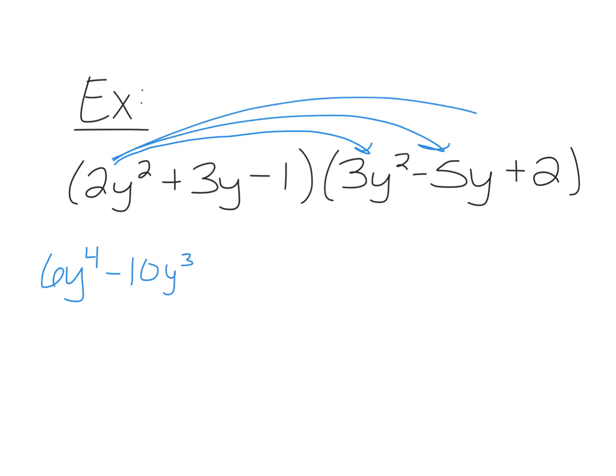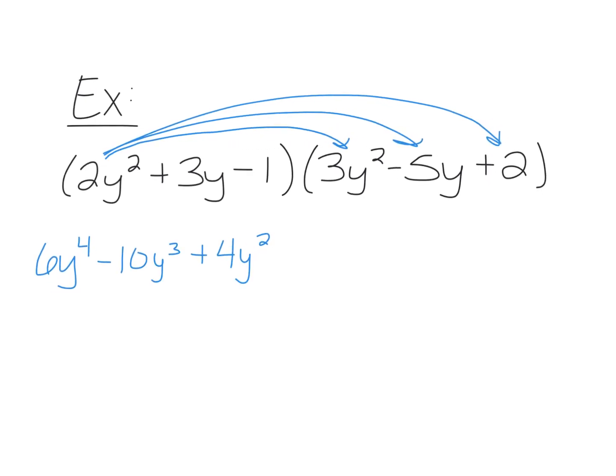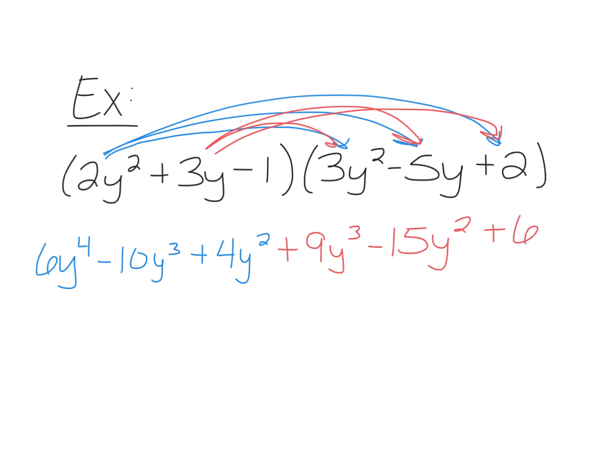Then I have 2y squared times 2. Does our exponent change? Nope. What's next? Yep, take that 3y. So we have 3y times 3y squared. What's our new exponent? Yep. Then we have 3y times negative 5y. What's your new exponent? Squared. Then we have 3y times 2 plus 6y.